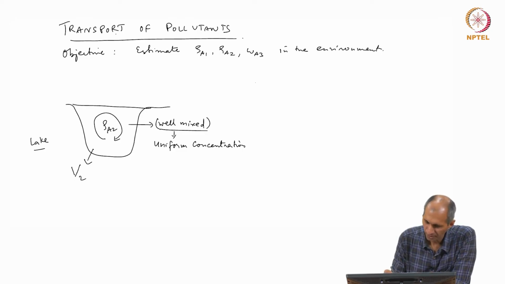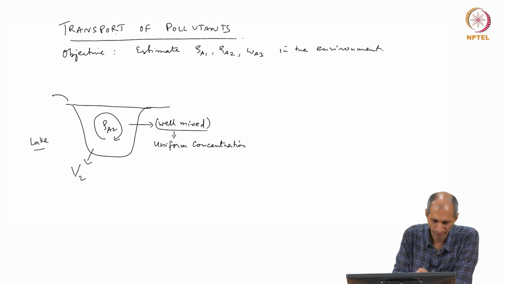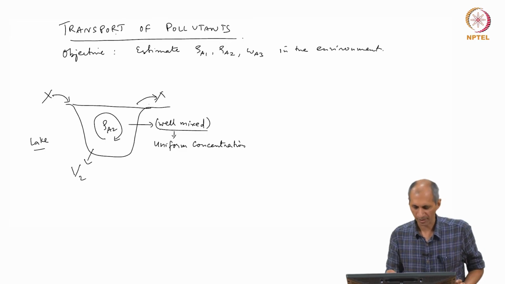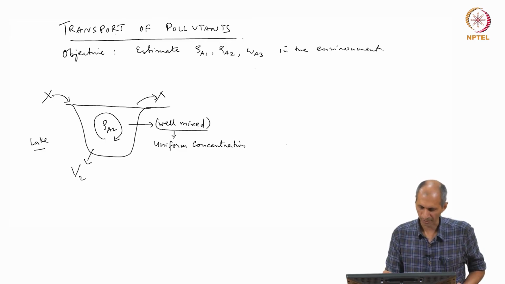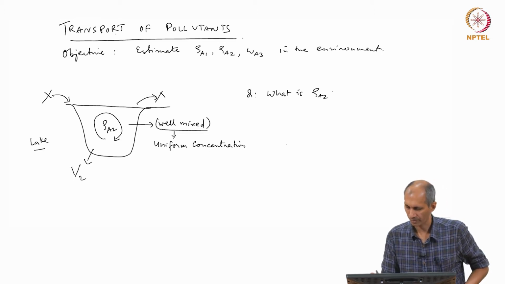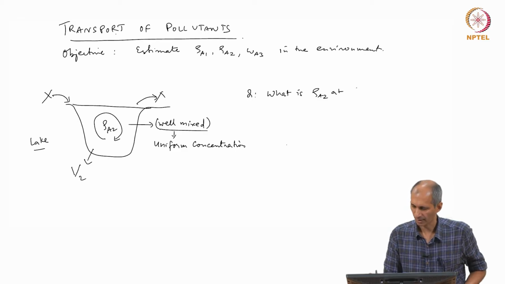Now, if I want to predict, this is a fixed volume, there is no flow of water in and no flow of water outside. If there is a chemical inside here, what is likely to happen to the chemical concentration here? The question that I will ask is, what is rho A2 at some time t?